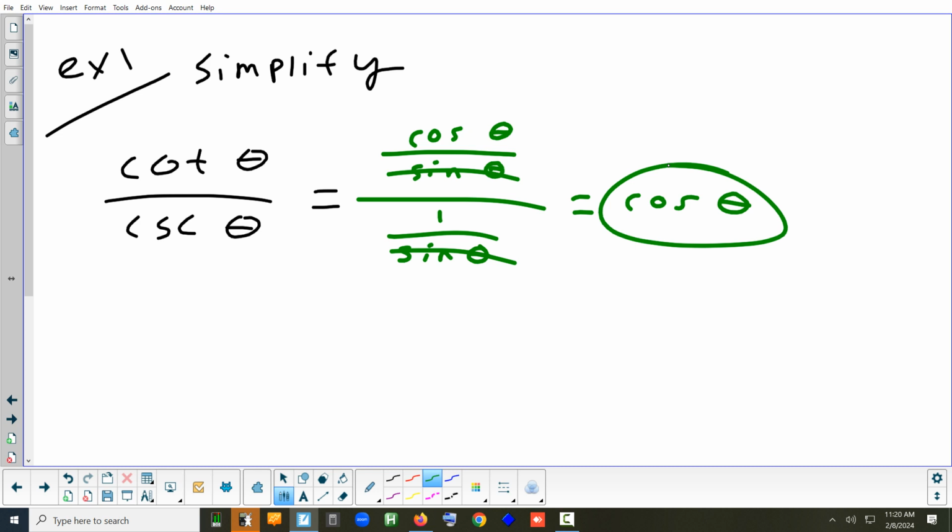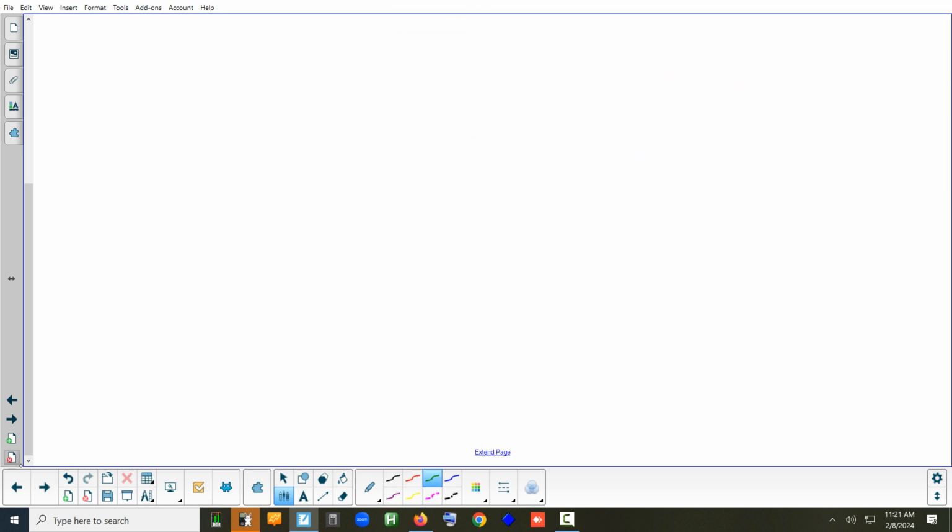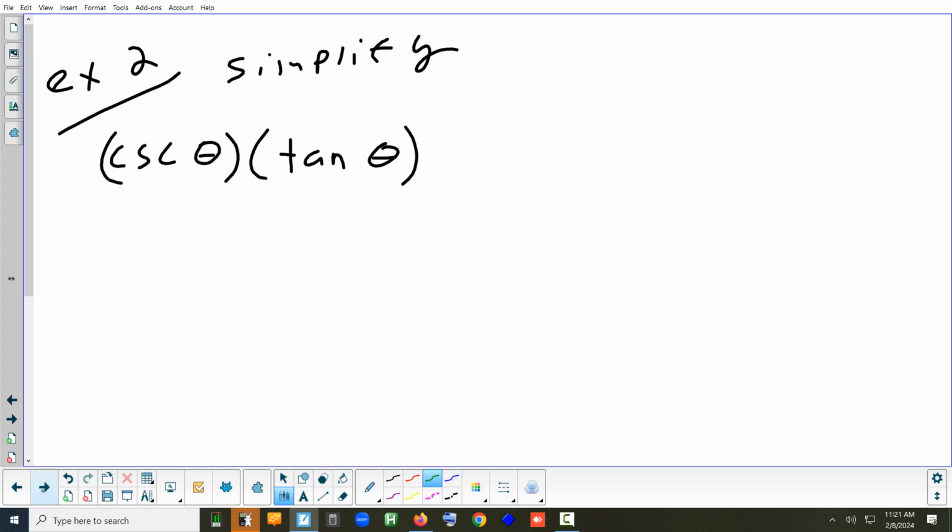Any question on that? Because I'm just trying to give you an idea of the difficulty. That one's very straightforward. This one is also very straightforward. So let's change everything to sines and cosines. Let's start with cosecant. What's cosecant? 1 over cosine.